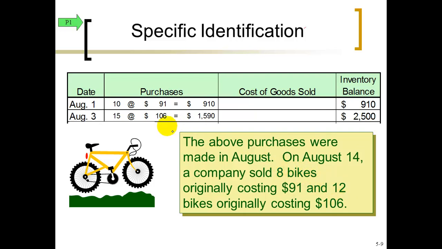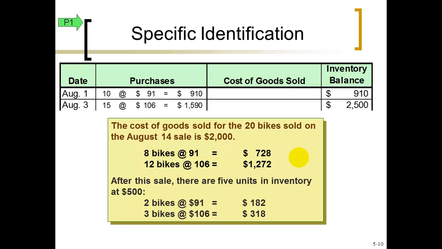So you're keeping 2 of these old ones at $91 and 3 of these at $106. That's going to be your inventory balance after selling these 20 bikes. So here's the calculation: the specific items you sold at their actual costs, and here's what's left over.